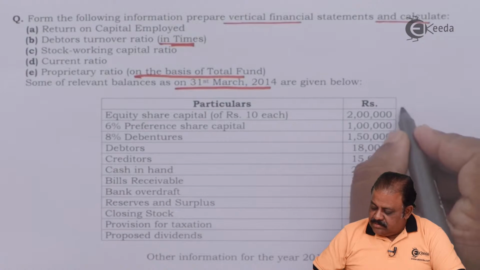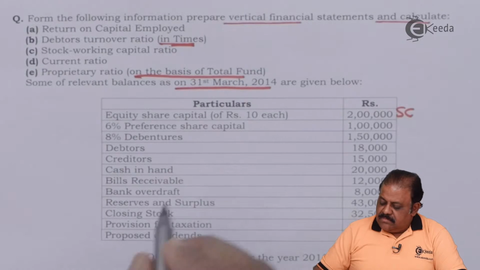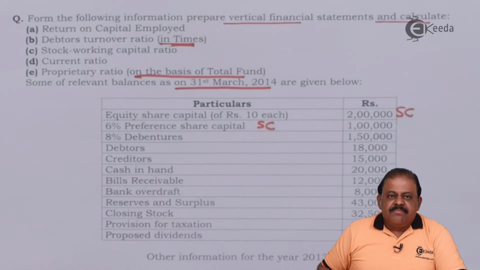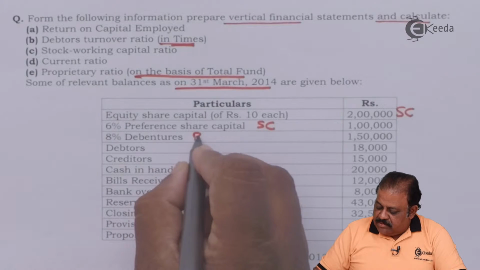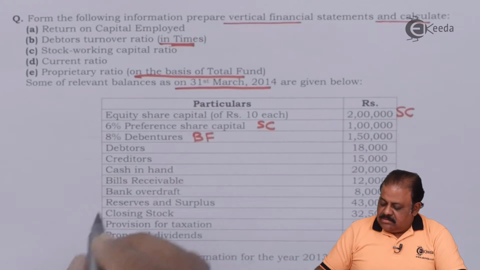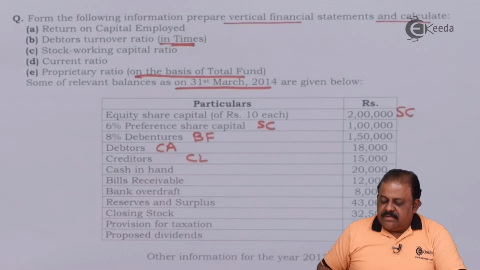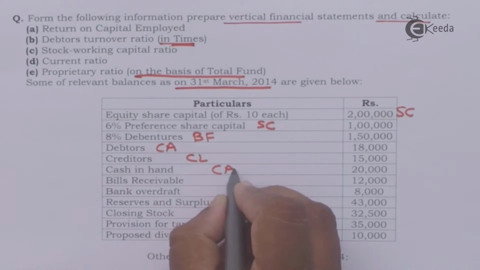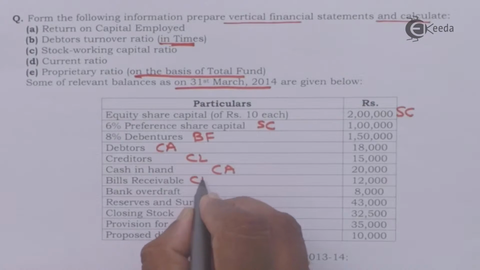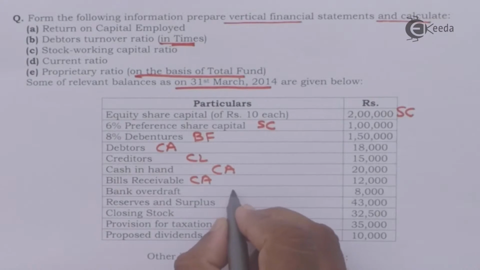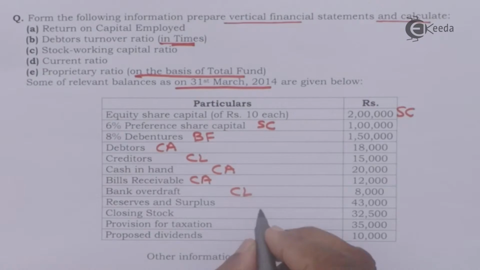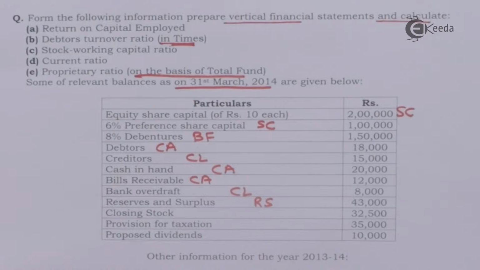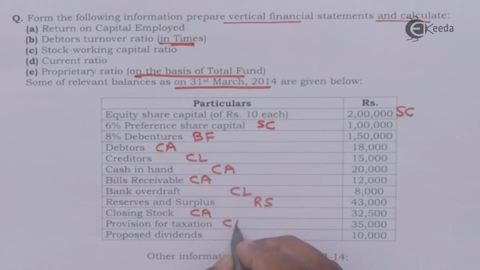Equity share capital will be part of share capital, preference share capital, 8% debentures borrowed fund, debtors current asset, creditors current liability, cash current asset, bills receivable current asset, bank overdraft current liability, reserves and surplus part of shareholders fund, closing stock inventories current asset, provision for taxation current liabilities, proposed dividend current liabilities.